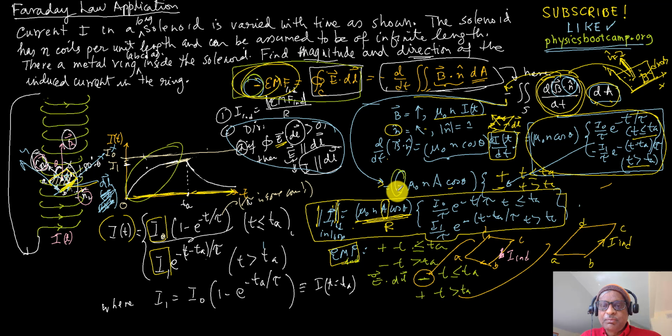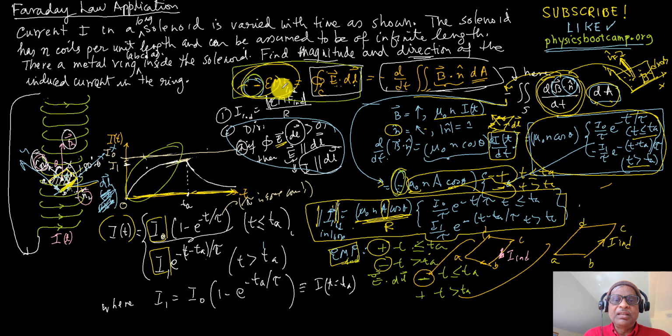So when you multiply, this minus is going to cancel with the minus, so the EMF is going to be this times this stuff. For t less than TA, that's going to be positive, and the EMF will be negative for t greater than TA because of this multiplied with that. So I have positive and negative.